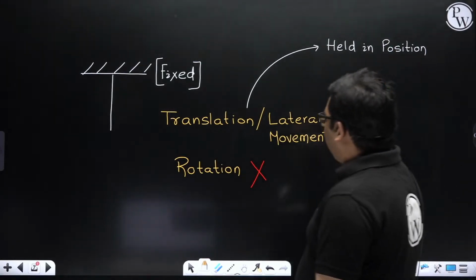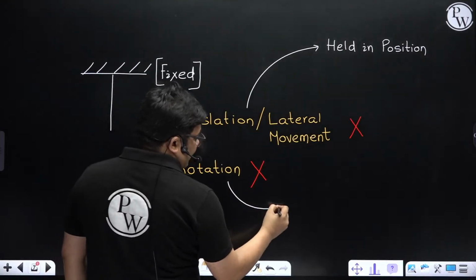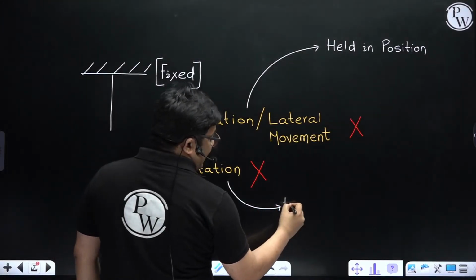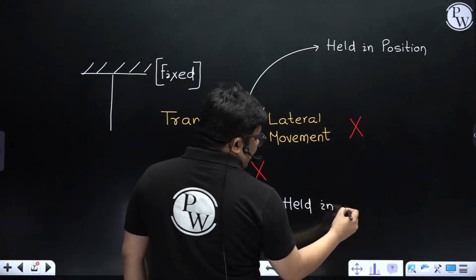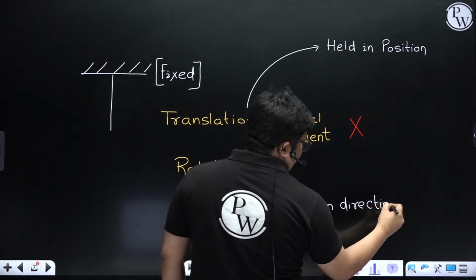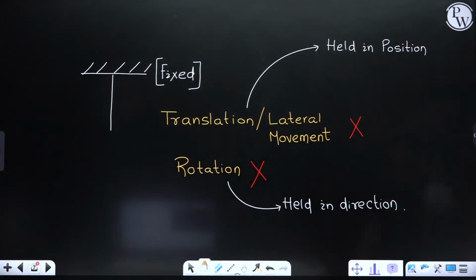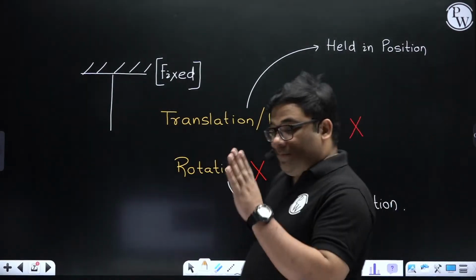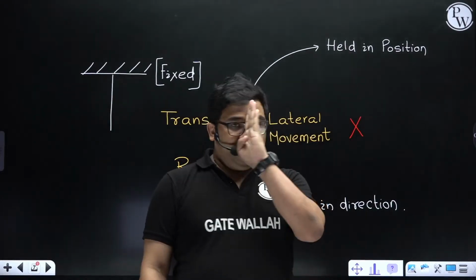Now rotation not allowed is indirectly known as held in direction. If rotation was allowed, that means the direction is changing.